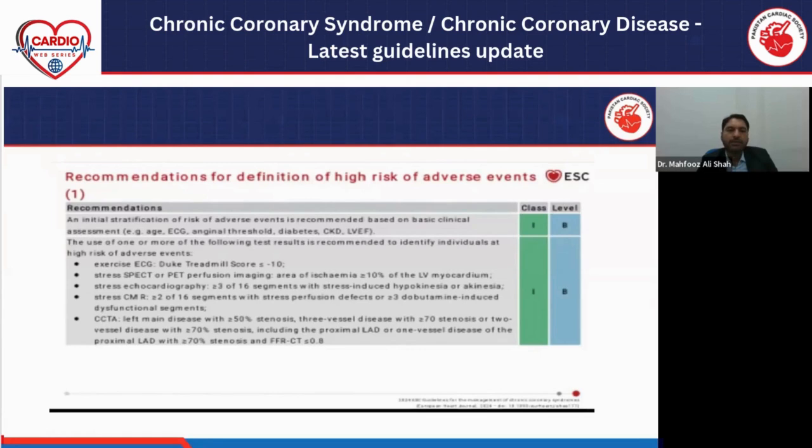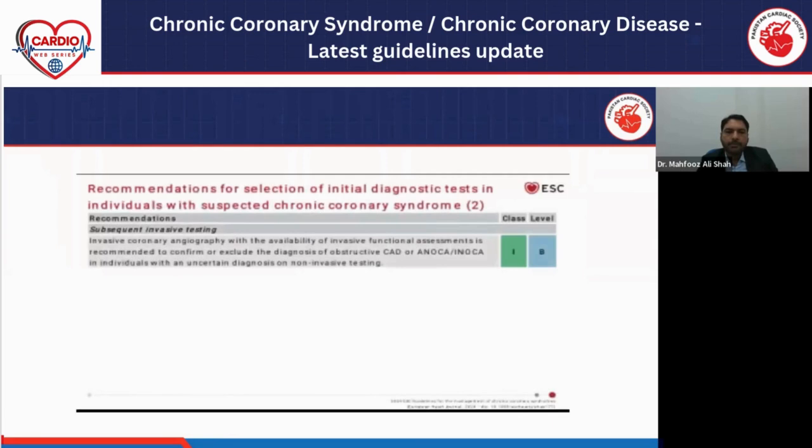Those patients who have a DTS less than or equal to -5, stress or PET perfusion imaging involving an area of more than 10% of LV myocardium, or stress echo with more than 3 segments of wall motion abnormality among 16, or more than 3 in dobutamine stress, and CCTA involving left main disease with more than 50% stenosis, 3 vessel disease, or 2 vessel disease involving proximal LAD or ostial LAD. All these patterns of patients are categorized as high risk.